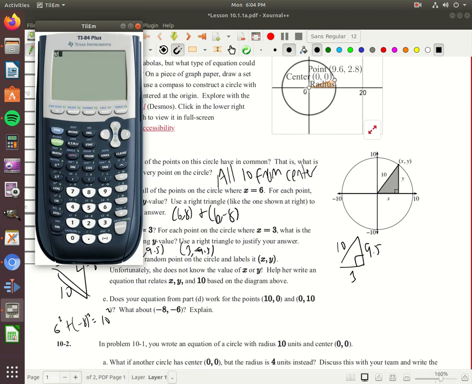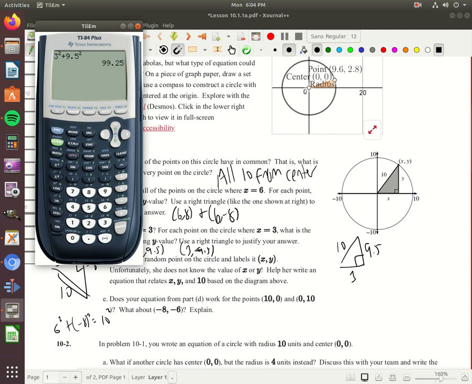So 3 squared plus 9.5 squared should equal pretty close to 100.